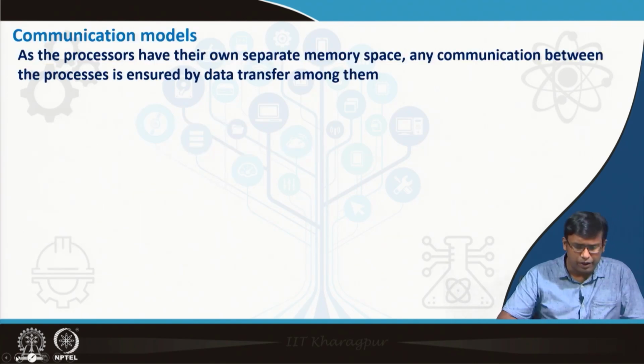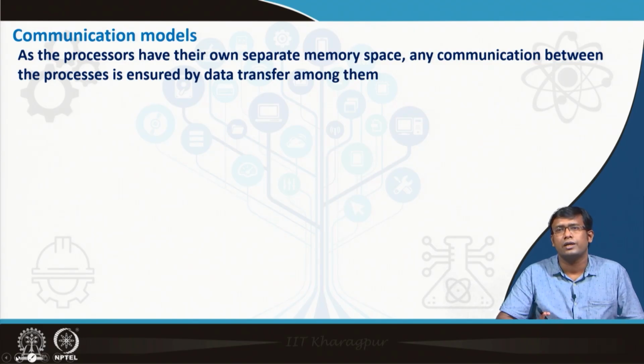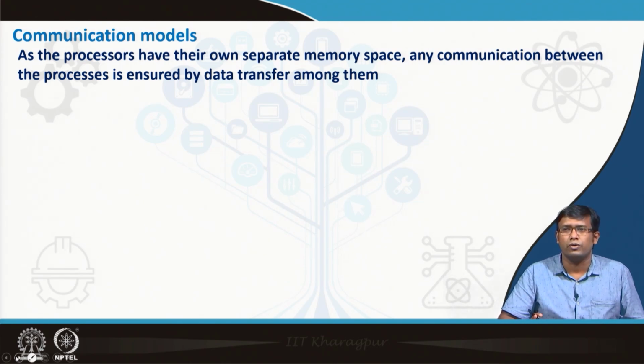Well, as the processors have their own separate memory space, any communication between the processors is ensured by data transfer among them. This is the basic fundamental concept of communication in distributed memory processing: there are multiple processors and each processor has its own memory space, so they cannot share any data between them through memory connectivity.